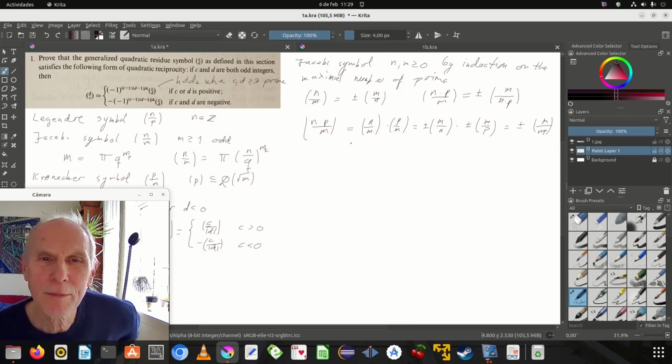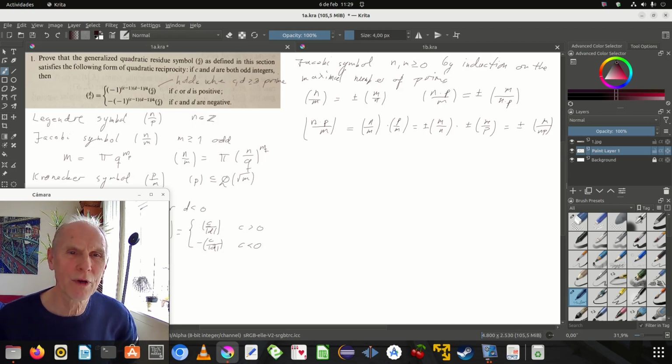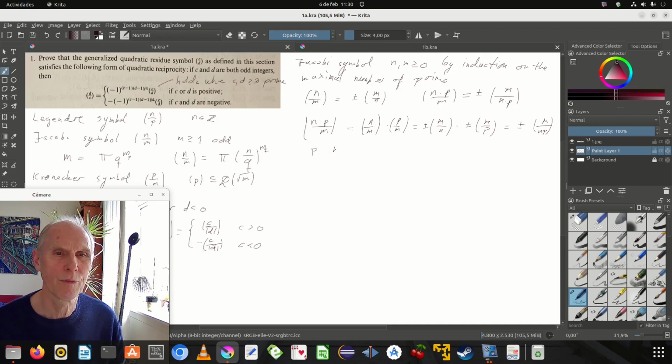So let's combine the possible residues of n, p, and m with respect to modulo 4. Let's do it alphabetically: m, n, p. So it's plus, plus, plus.